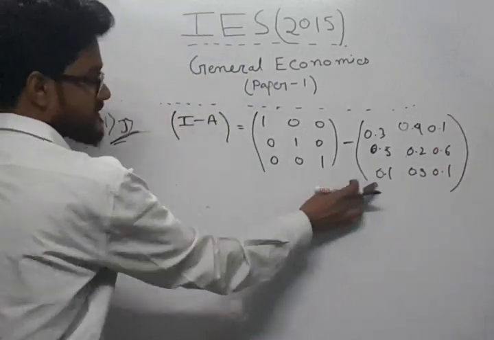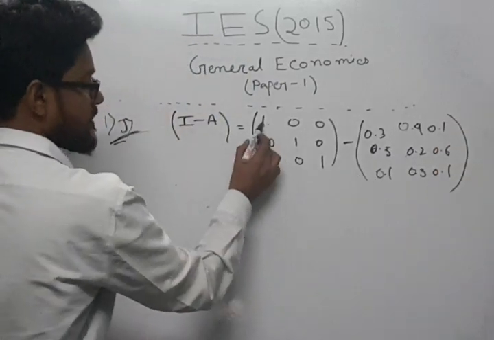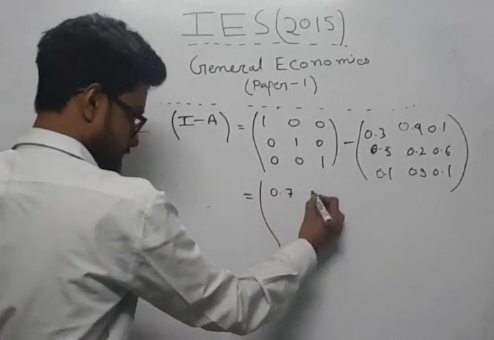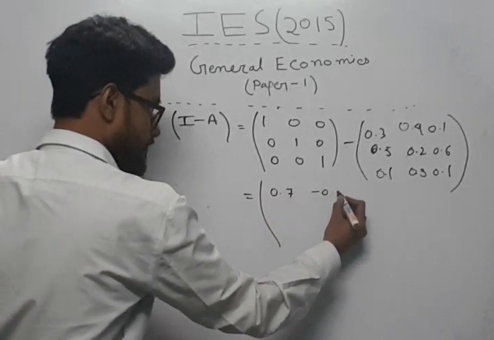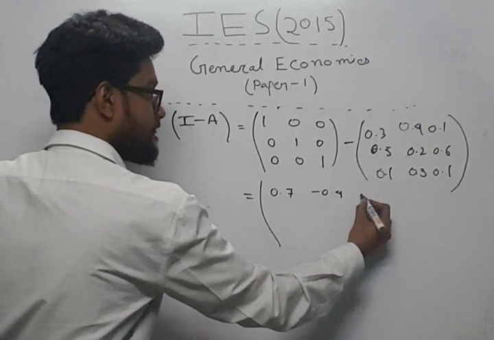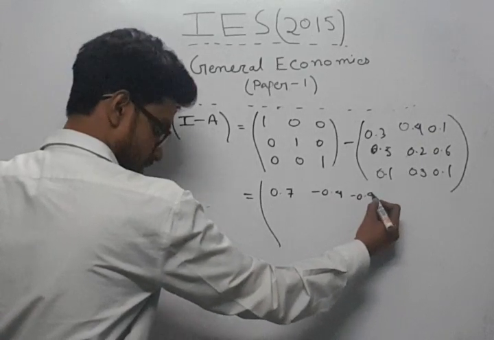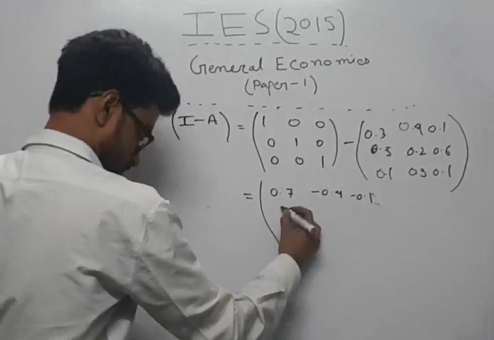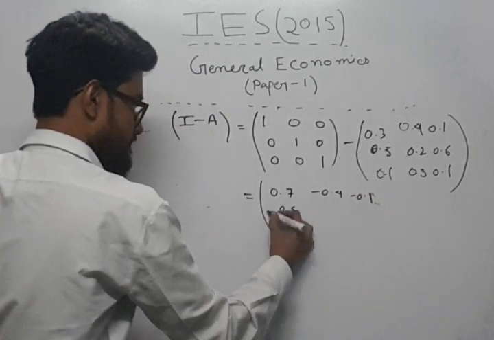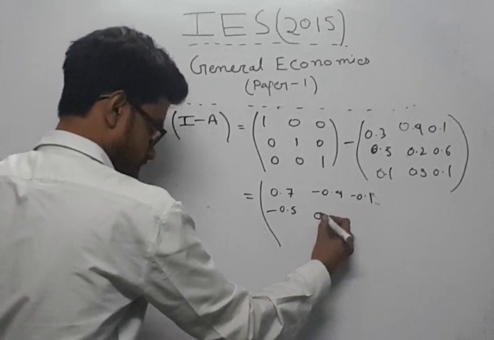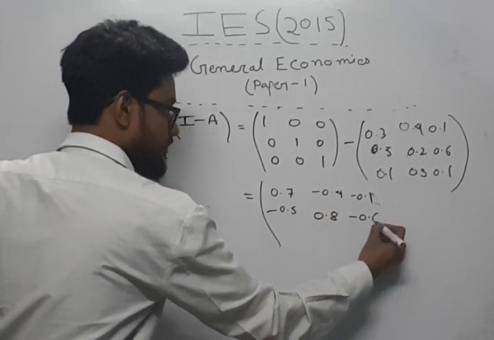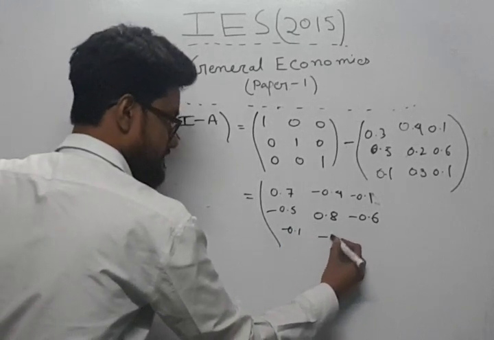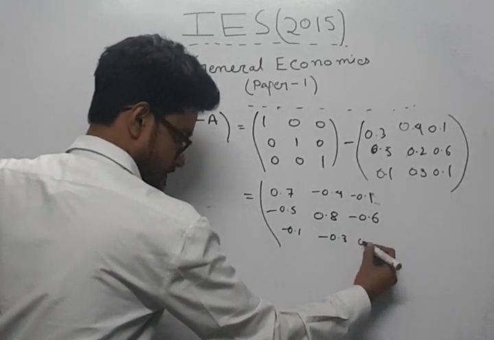Now if you subtract this from this, 1 minus 0.3 you will get 0.7, 0 minus 0.4 you will get minus 0.4, minus 0.1, 0.5, 0.8, minus 0.6, minus 0.1, minus 0.3 and 0.9.